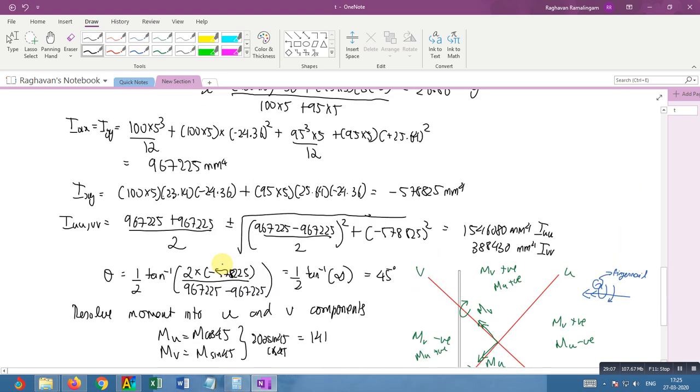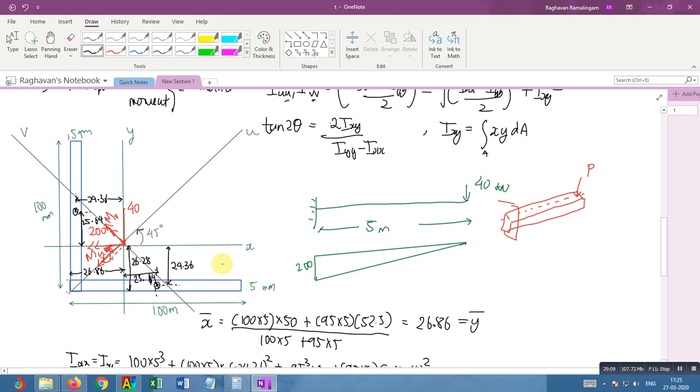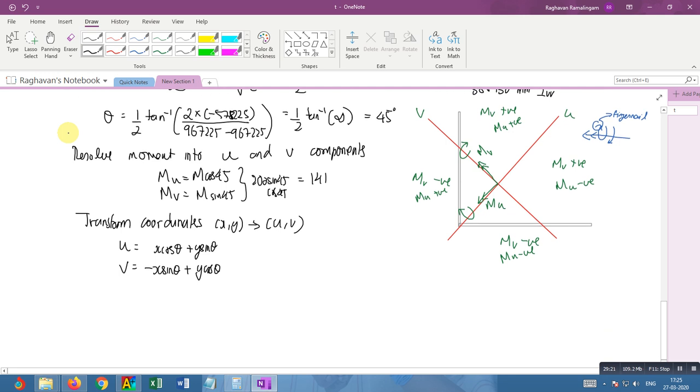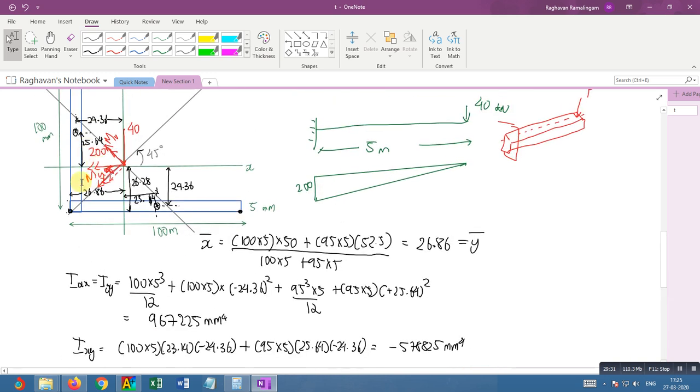And let me say that I want the stresses here on the corner and the edges. So here I say corner xy is, so this is the point. So it's 26.86 downward, 26.86 leftward.